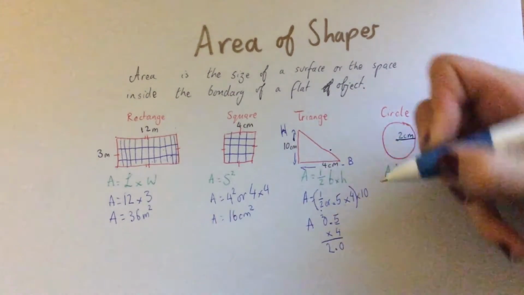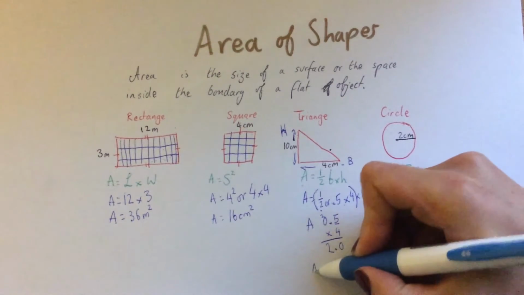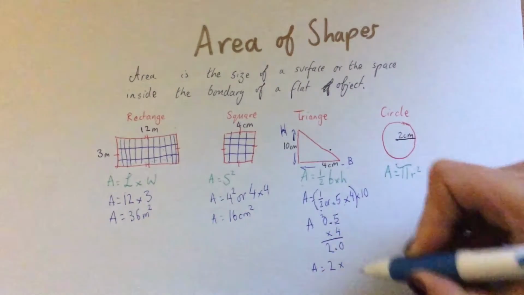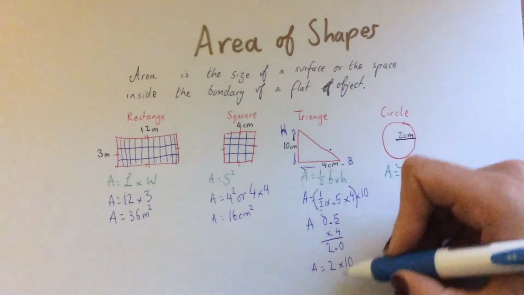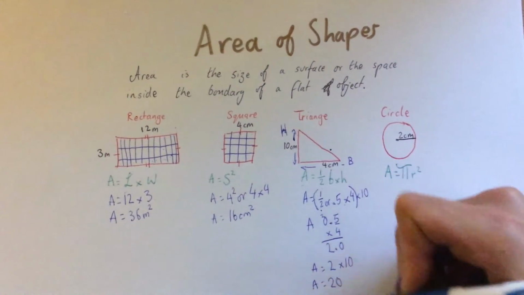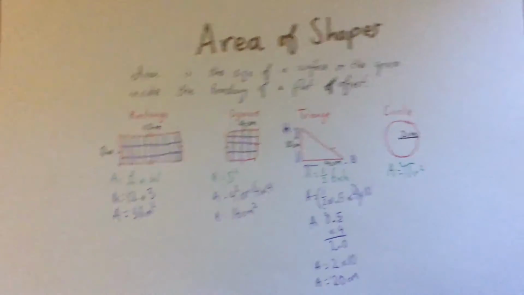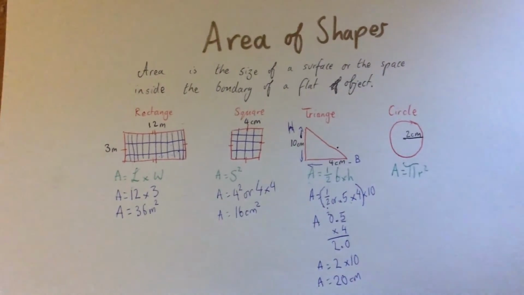So my answer is 2. Now all I have to do, I'll rewrite my sum so it's a little bit clearer, is 2 times 10. And so my area of this triangle is 20 centimeters squared. Okay, so that's how you find the area of a triangle.